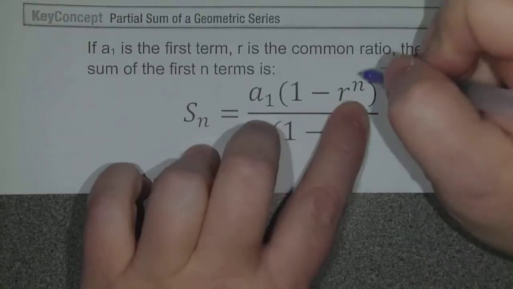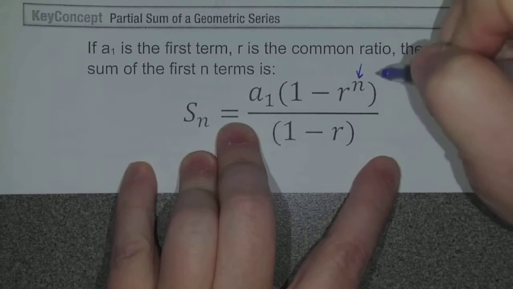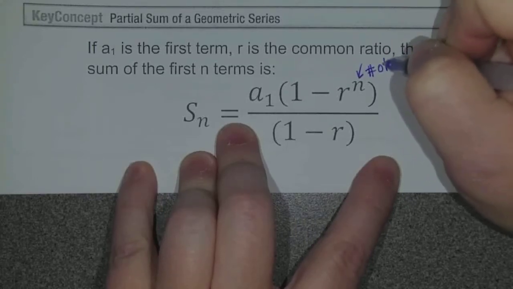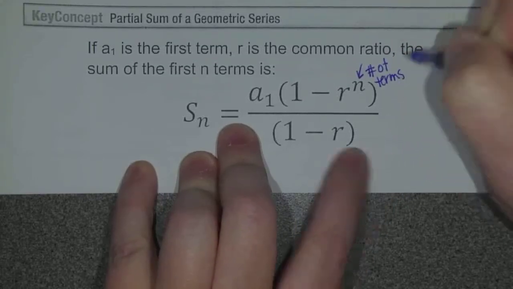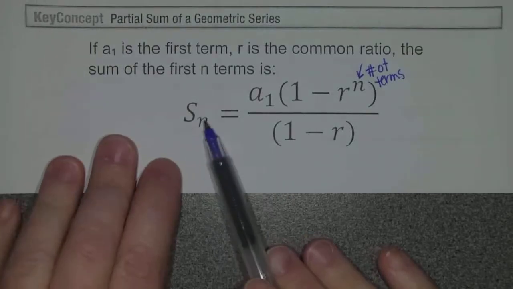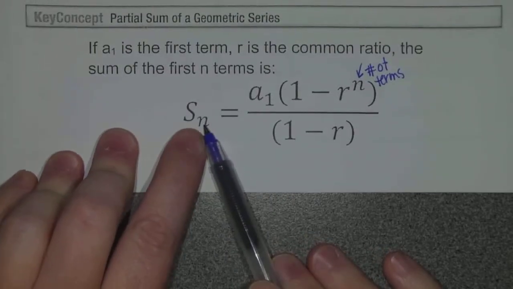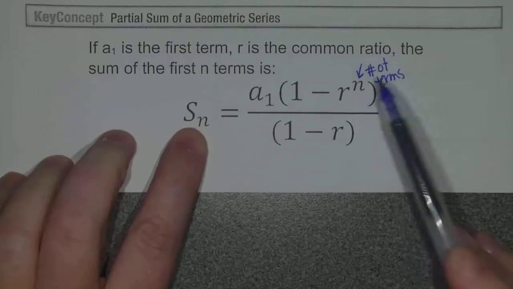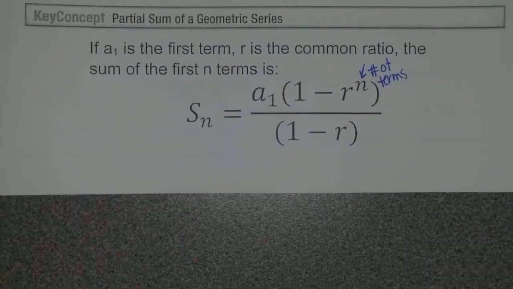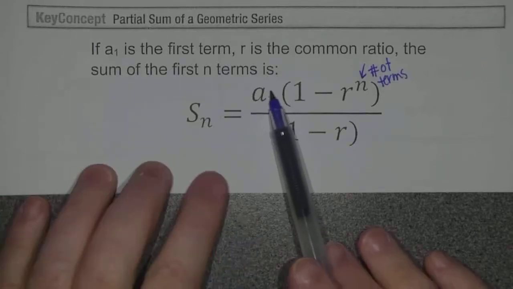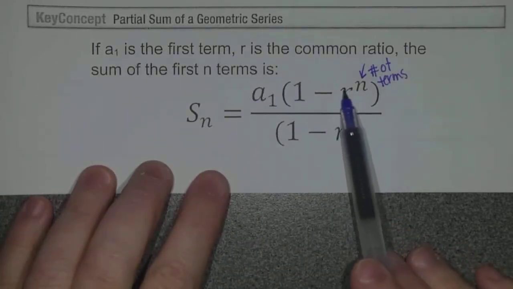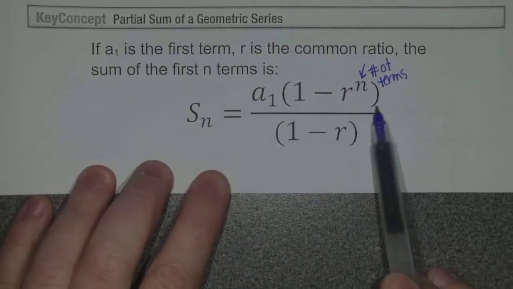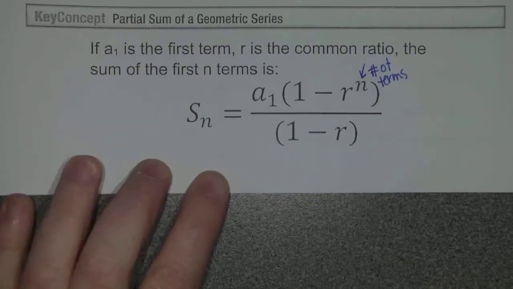The N stands for, which is the only thing that we don't know yet, the number of terms that we're looking for. So if this said the sum of the first 8 terms, what would our N value be? It would be 8. You following me on how to use that formula? So we would put in the first term times 1 minus the ratio to the number of terms power over 1 minus the ratio.